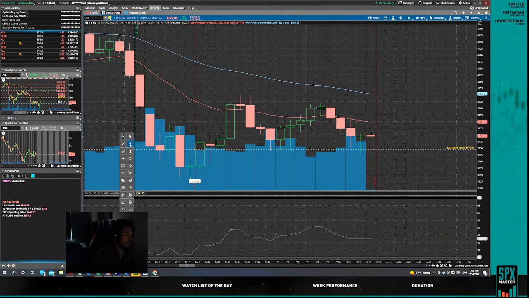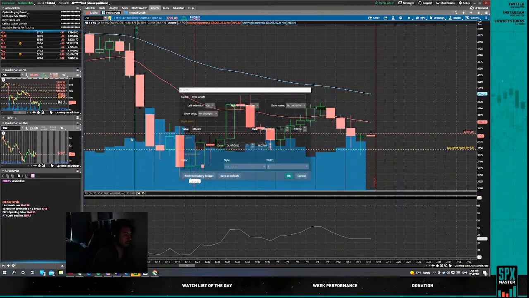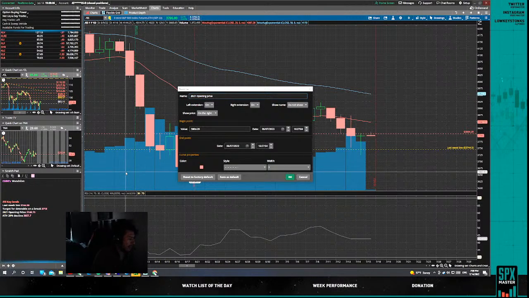All right, we're gonna put the, not this one, not this level. Let's go for the other one right here. 2021 opening price. That's important right there, and you guys will see why. 2021 opening price, at 3748.75.